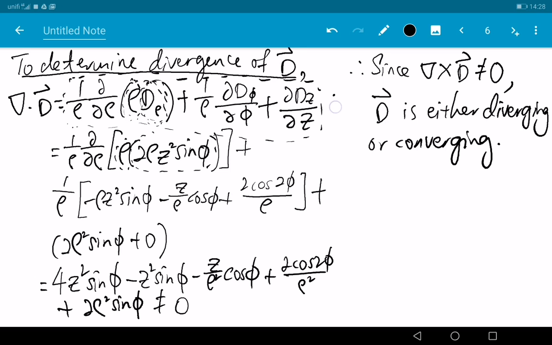From the textbook you can find this equation. This is important. Then plus 1 over rho, and differentiate D phi with respect to phi. So at last we get this.